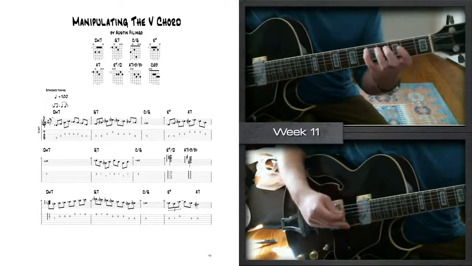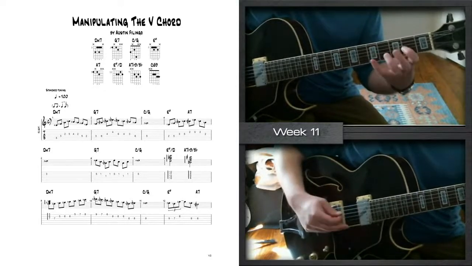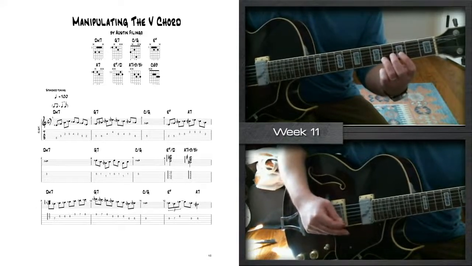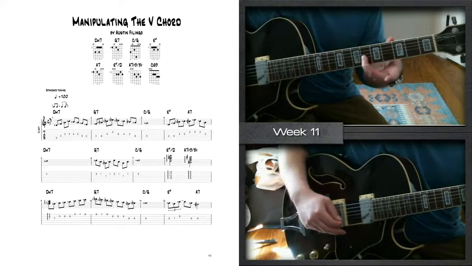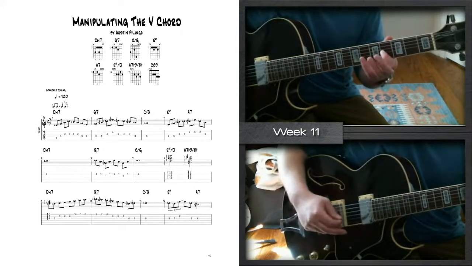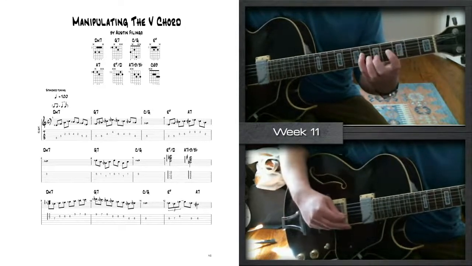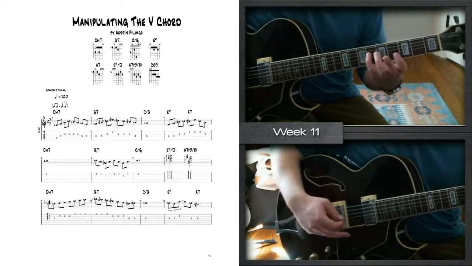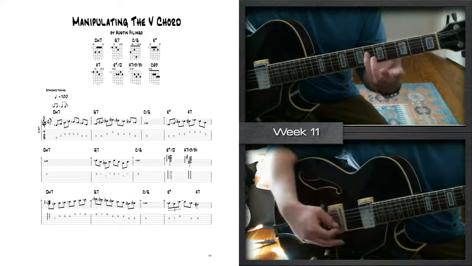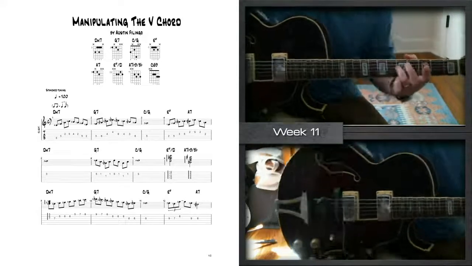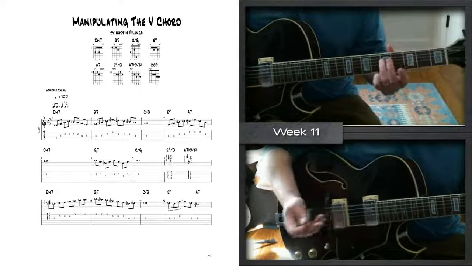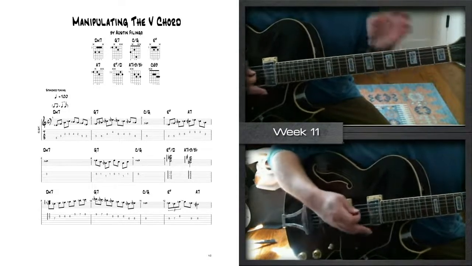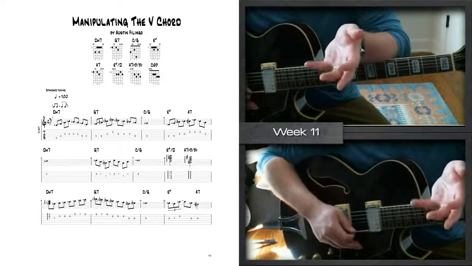So we have, and then all I do is I walk down. So we have root, flat 7, 6, right, 5, and then we're at beat 1 of C again, and that would be the sharp 11 to the D flat, or the flat 5, right? But in this case, it is the 5th of C, right?